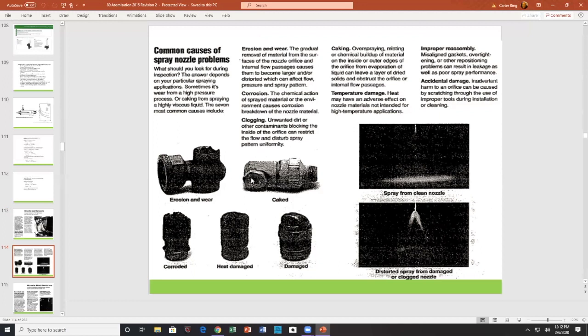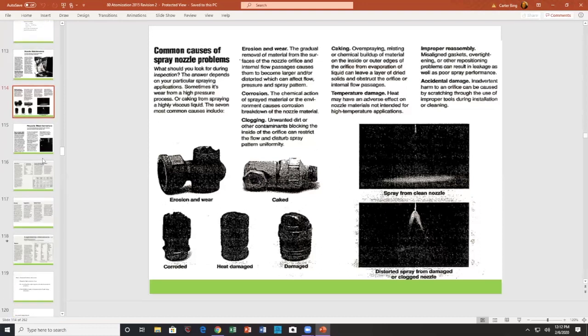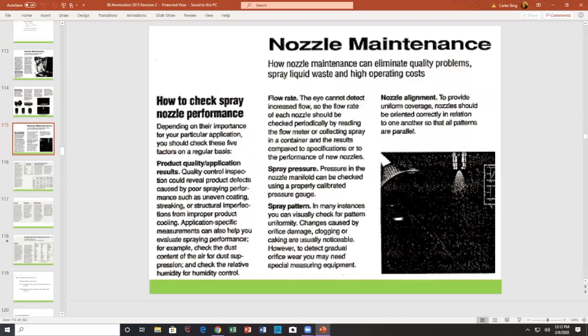And one small particle builds up on another small particle, which builds up on another small particle, which builds up on another small particle, and reduces the flow area. You may think that a high pressure drop is going to save you from clogging. Well, maybe it does, and maybe it doesn't. It's kind of interesting.